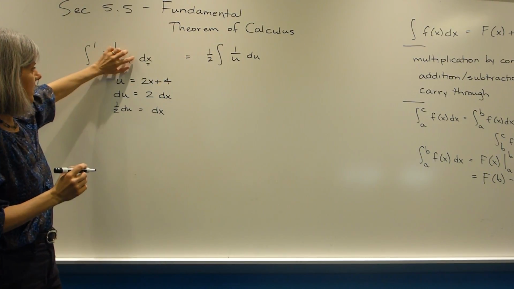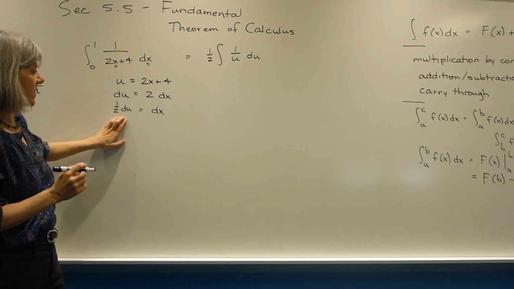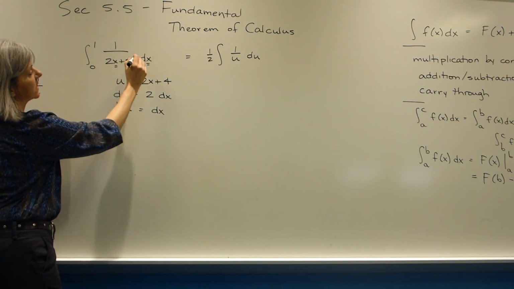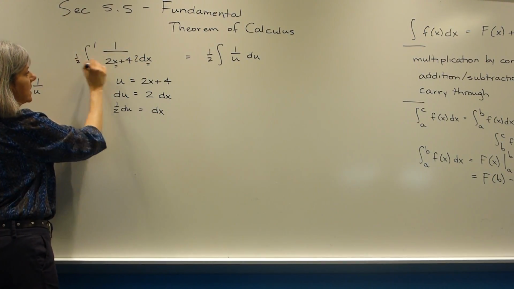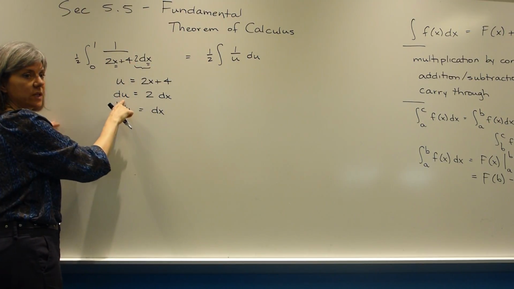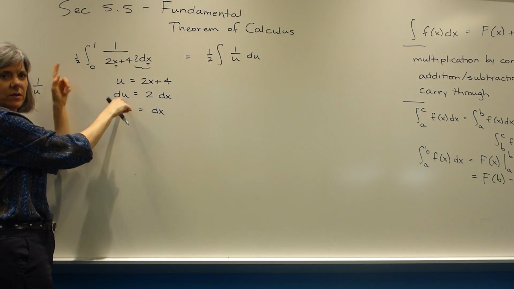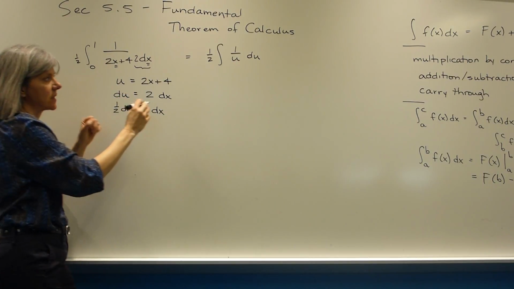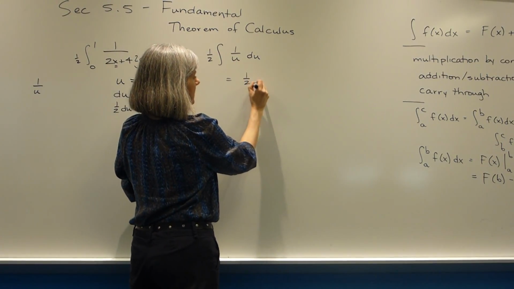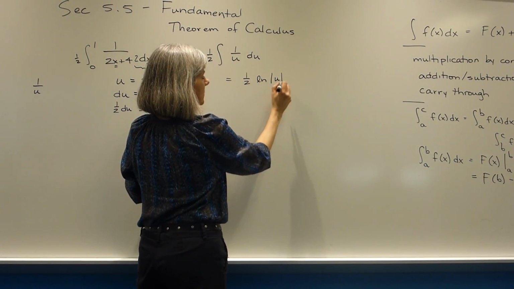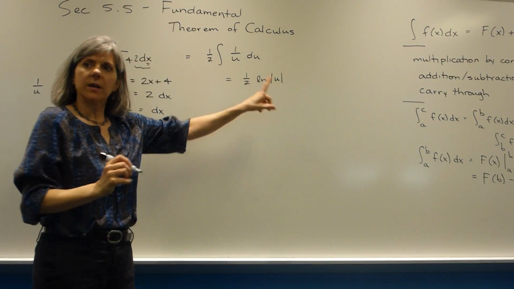I plugged it in, this got replaced with u, this dx became a 1/2 du, or if you had wanted to, you could put in the 2 and the 1/2, and then this is the whole du, and there's that 1/2 still. Either way you get that 1/2 in the right place. So here we'll get 1/2 ln u. It's not a plus c.